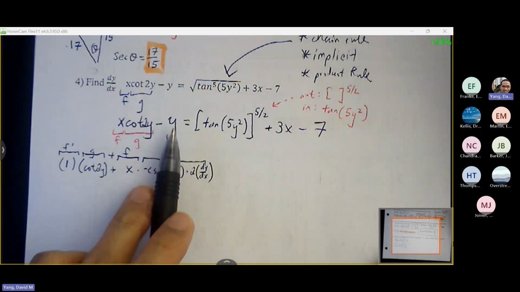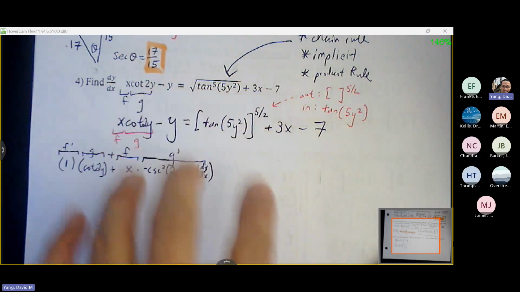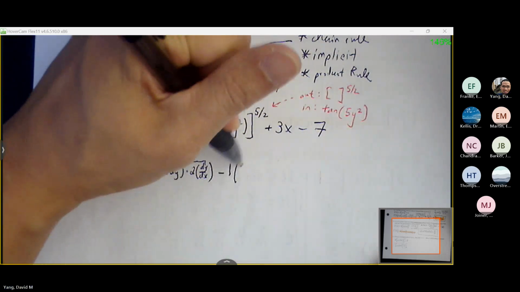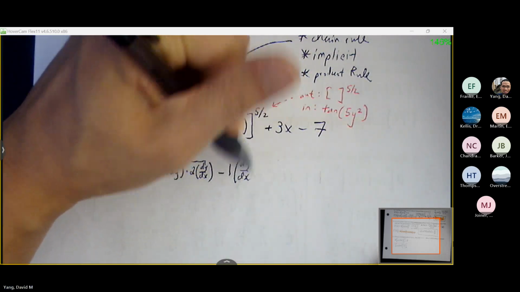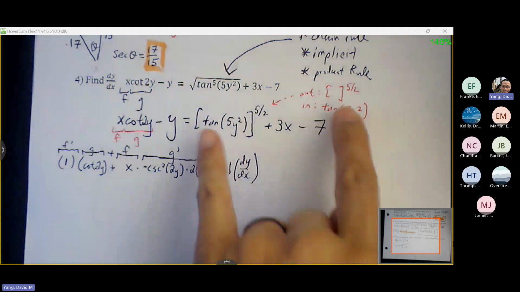Y becomes 1 dy dx. Oh, by the way, we have 3 y variables, so we should be expecting 3 dy dx's along the way. I think that 1 is helpful. Later on, when we factor that dy dx, that 1 is a reminder there's still something left. Doesn't completely go away. All right, this is chain rule here.